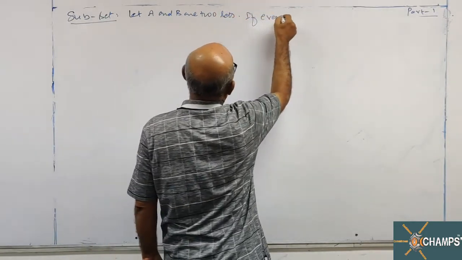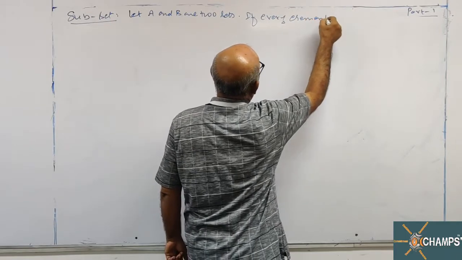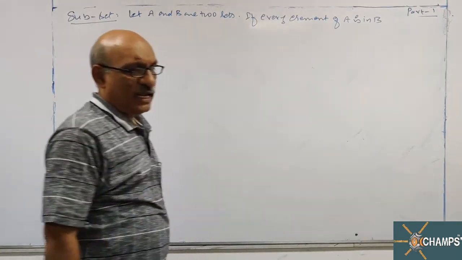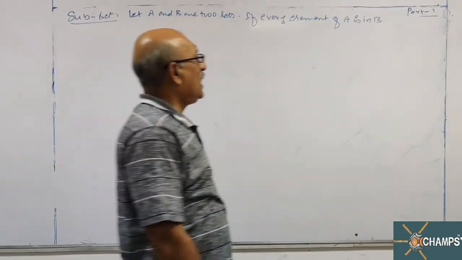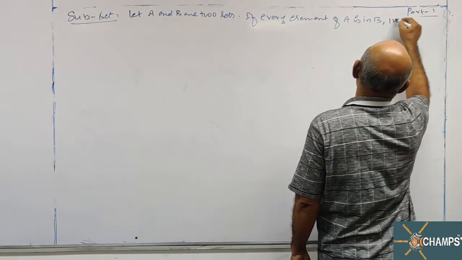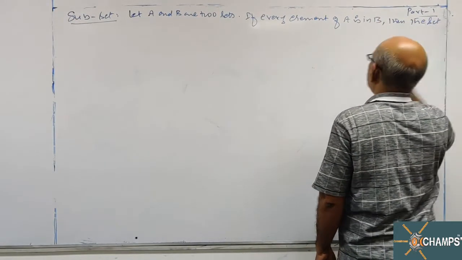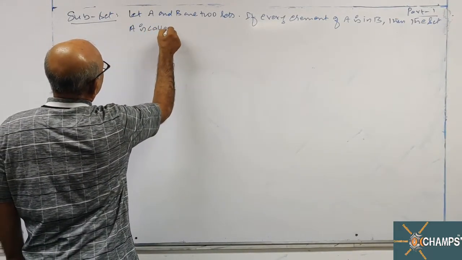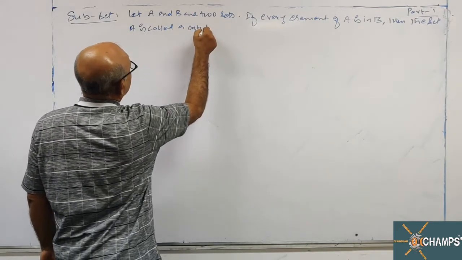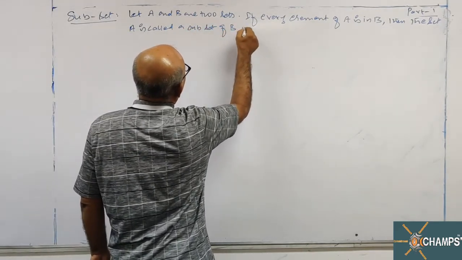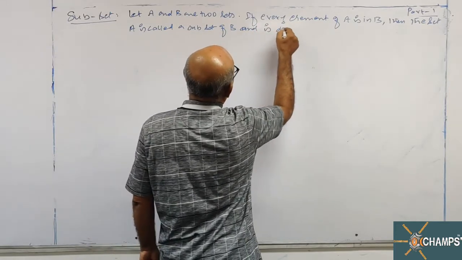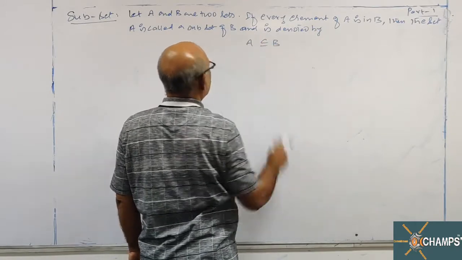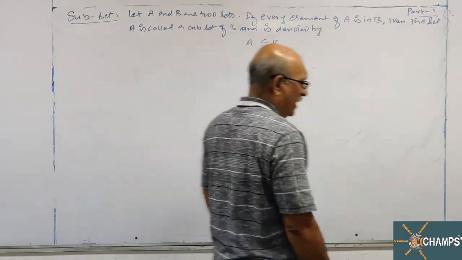If every element of A is in B, then the set A is called a subset of B and is denoted by A is a subset of B.